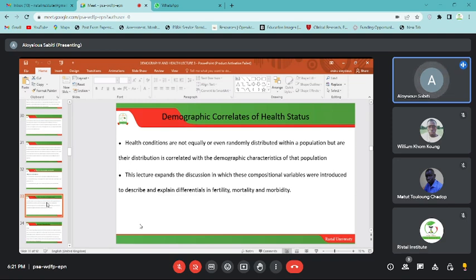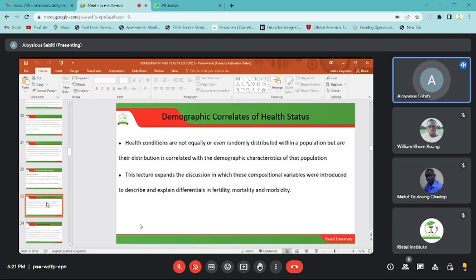So it is not rocket science that every society should be having a health problem. It is distributed according to the demographic characteristics. That's why in this lecture we want to associate the particular health status to the characteristics of that particular population.